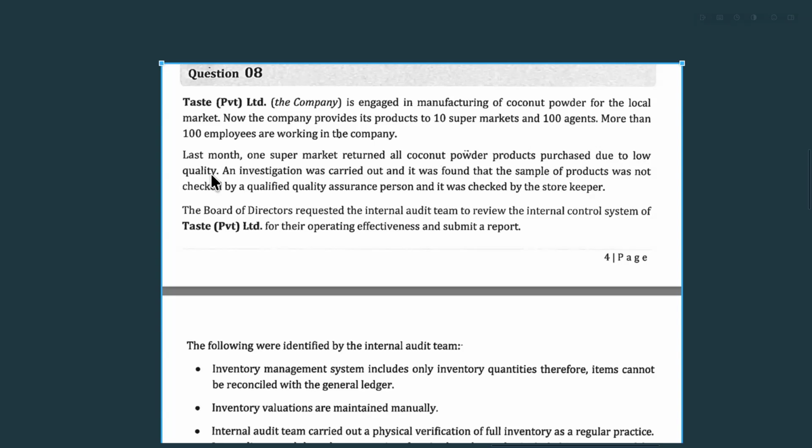When you read this, in your brain it should trigger why they have returned. The problem was specifically due to low quality. If they have 100 employees working in the company, how come this product was issued without quality control procedures?